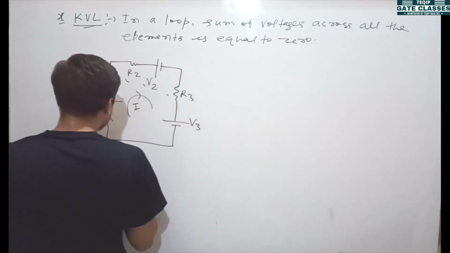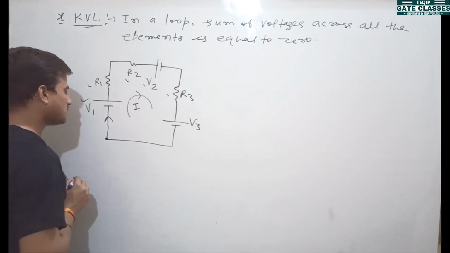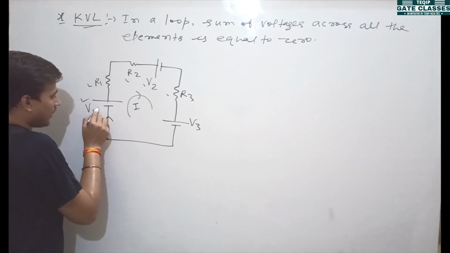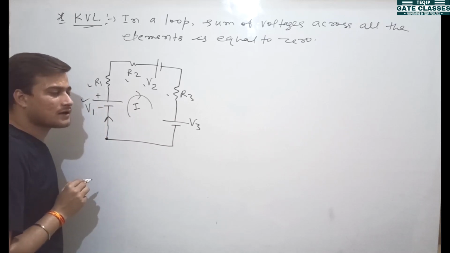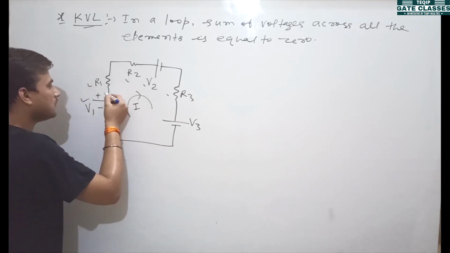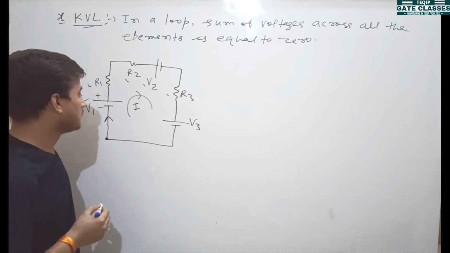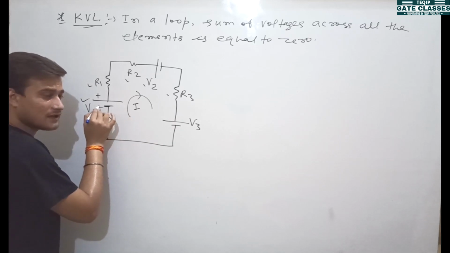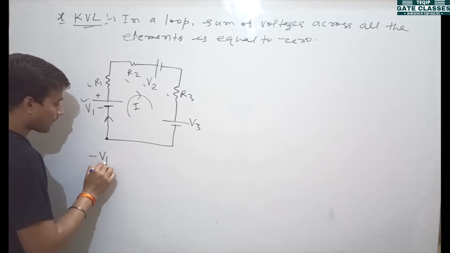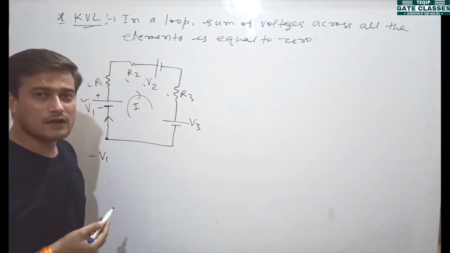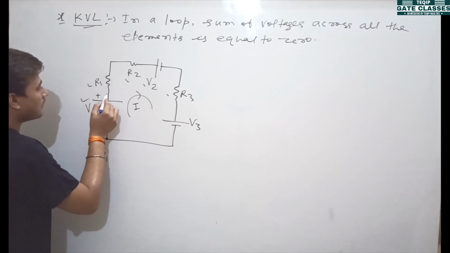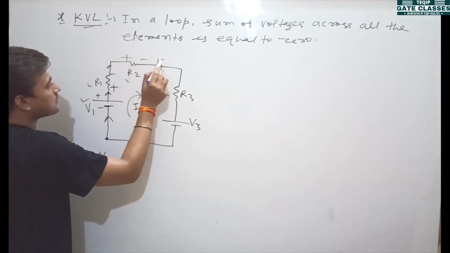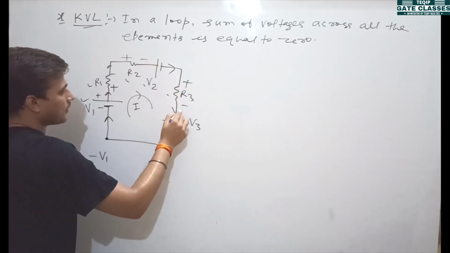So let's start from this point. You have to apply Kirchhoff's voltage law. What you see? This is the negative terminal of the battery, this is the positive terminal of the battery. That means there is a rise in voltage. Since the negative sign is coming at the start, I am taking it as minus V1. Similarly, the current is flowing like this, so there will be a potential drop through this one.